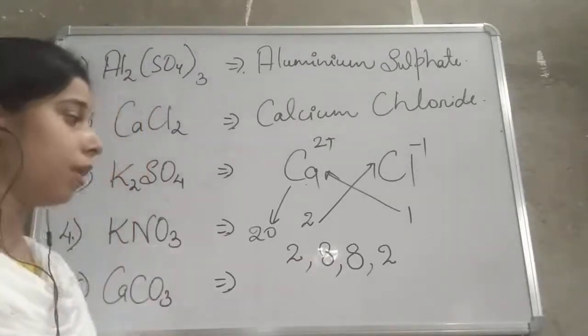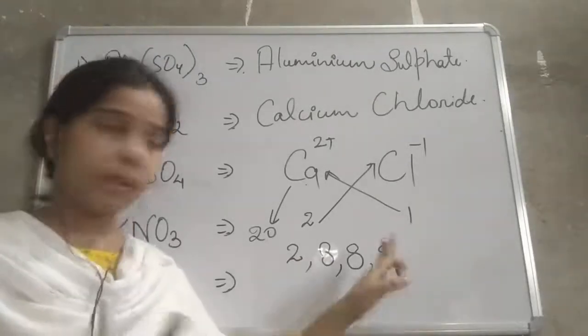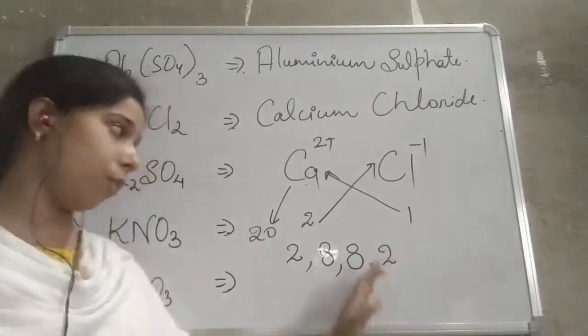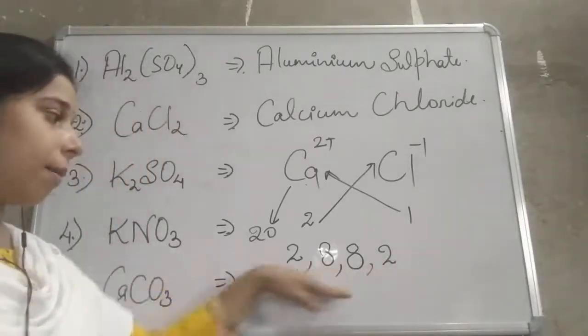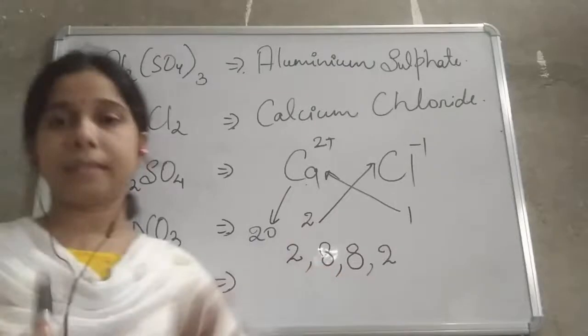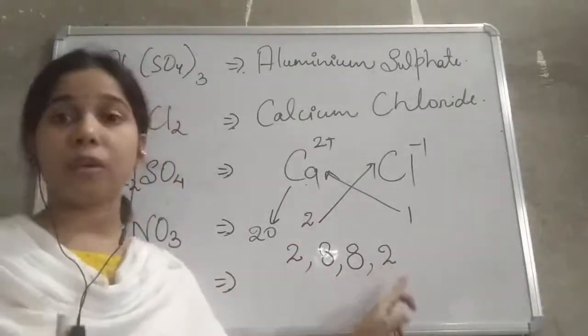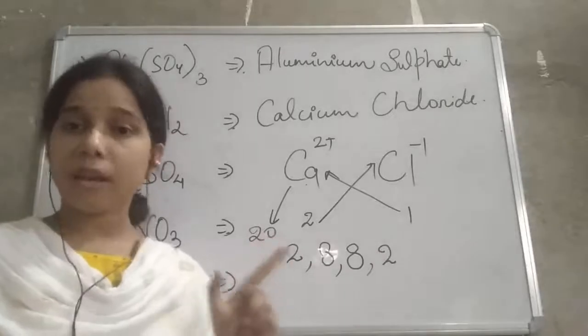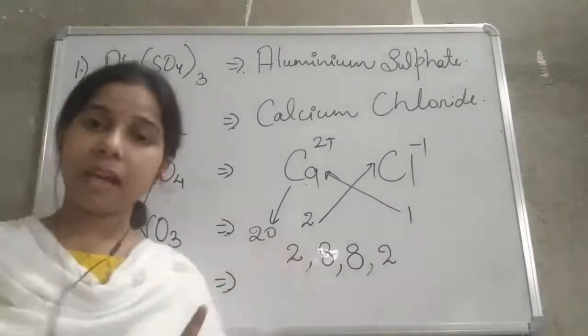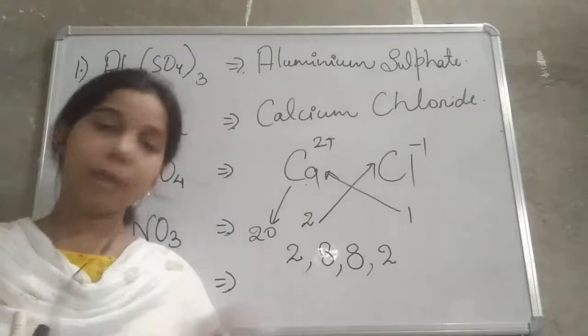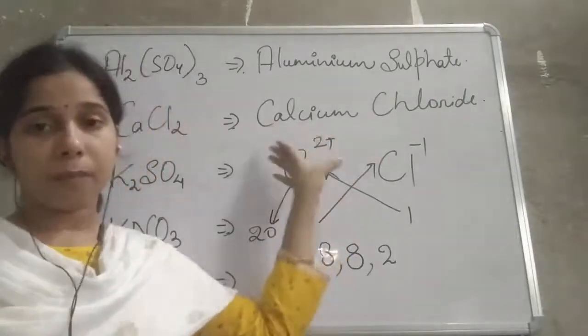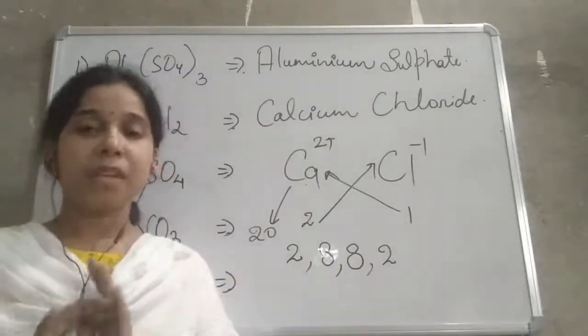Now you see here, two electrons are there. If this particular element wants to be stable, for stability it needs 8 electrons in the last shell. Okay, so the last shell must have 8 electrons. At that time this element will be stable.